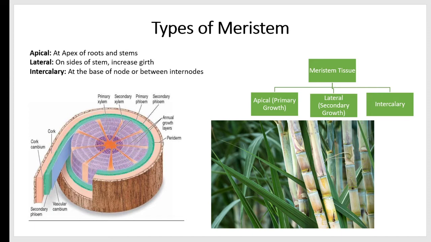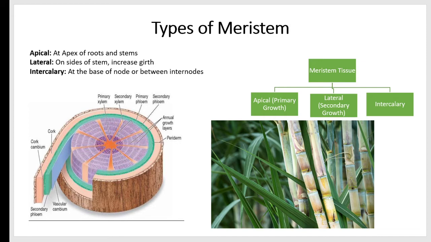So when stems and roots grow longitudinally, they are attaining primary growth. That is why it is said that apical tissues are helpful in primary growth.